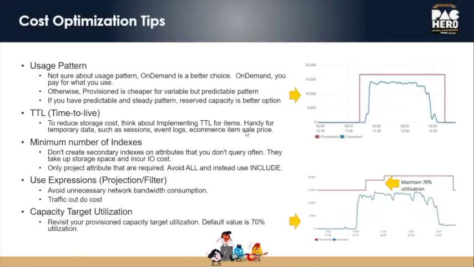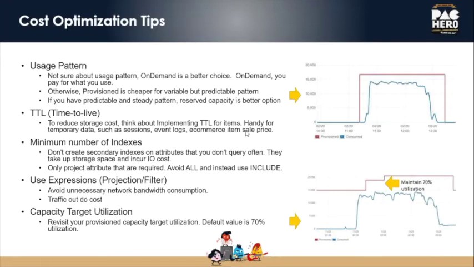So if you know your pattern, if you know you're not going to go above 15,000, you can change that value to say 80% or 90% utilization. That means DynamoDB will maintain that utilization rather than starting to scale at 70%.